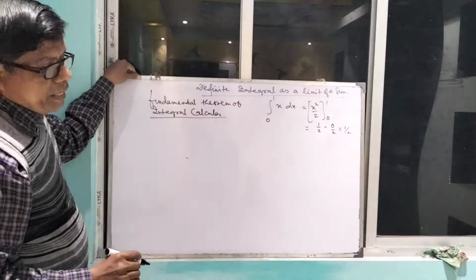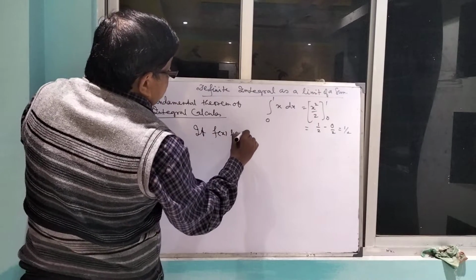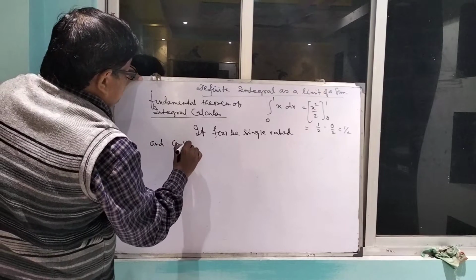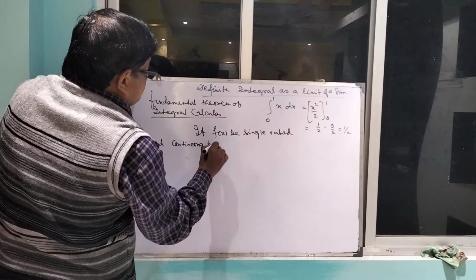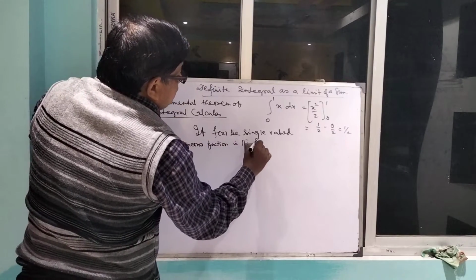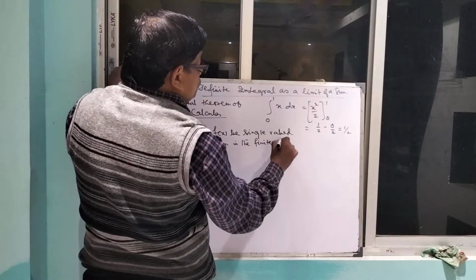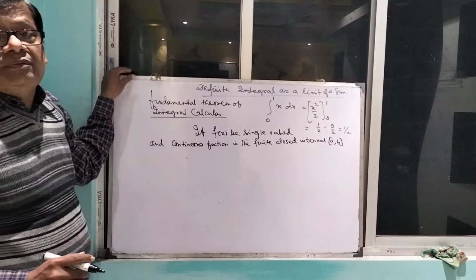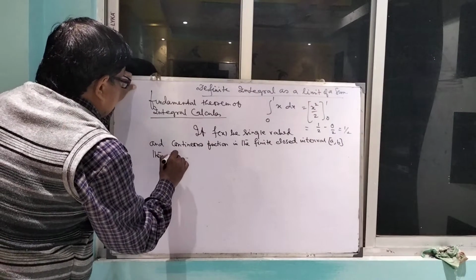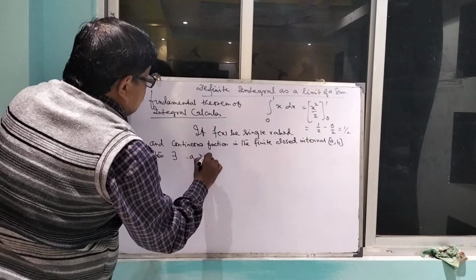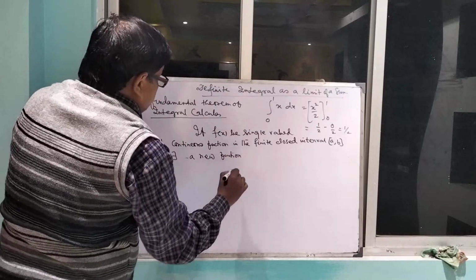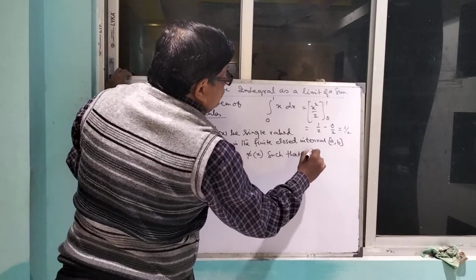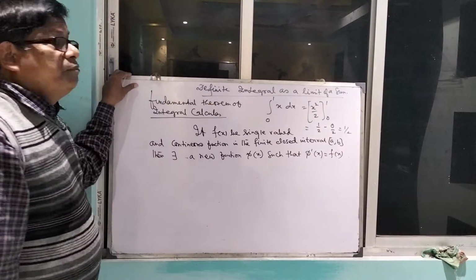If f(x) be single valued and continuous function in the finite closed interval [a, b], then there exists a new function phi(x), such that phi dot x equal to f(x).